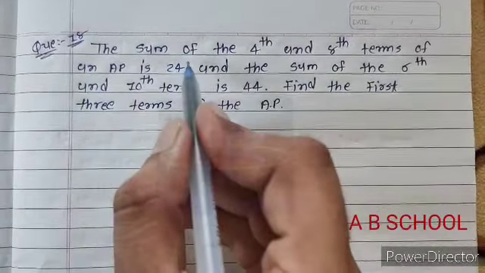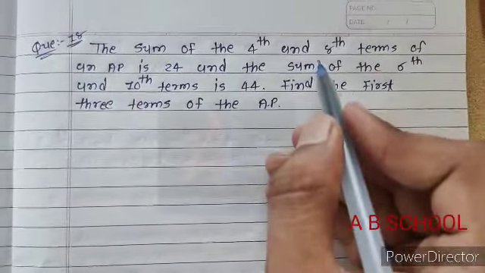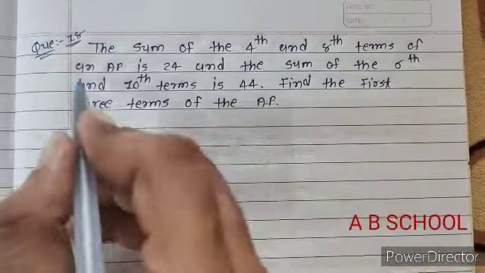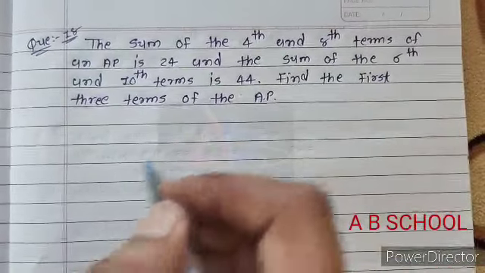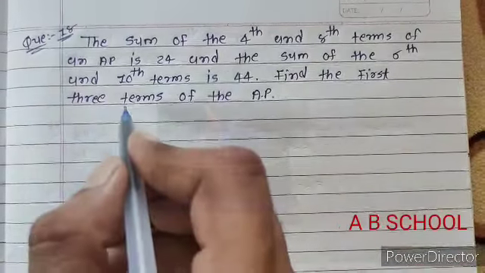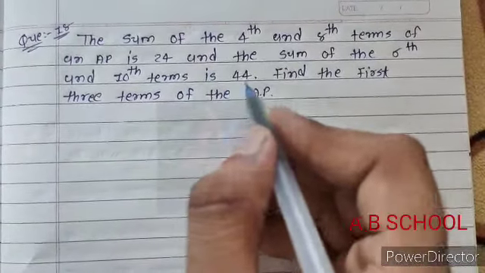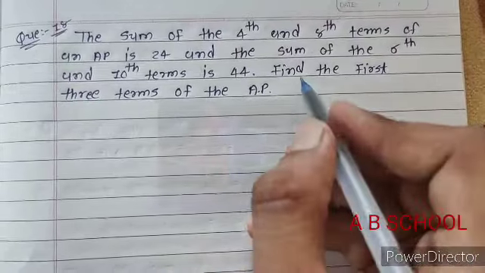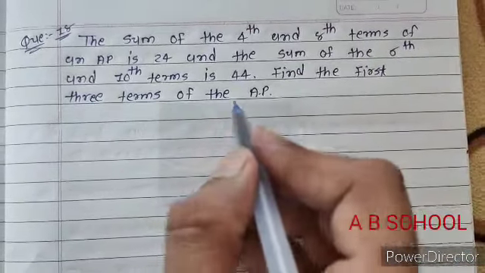Now question number 18. The sum of the 4th term and 8th term of an AP is 24 and the sum of the 6th term and 10th term is 44. Find the first 3 terms of the AP.